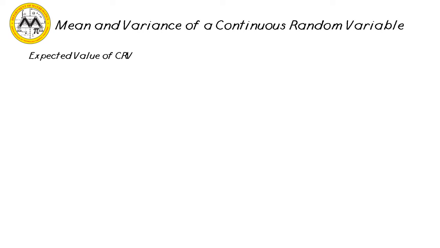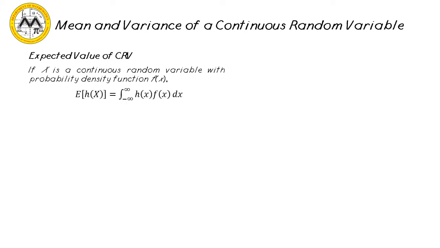For the expected value of the continuous random variable, the mathematical expectation or the expected value of the random variable is the integral of the function h of x times f of x dx for all values where the function exists.